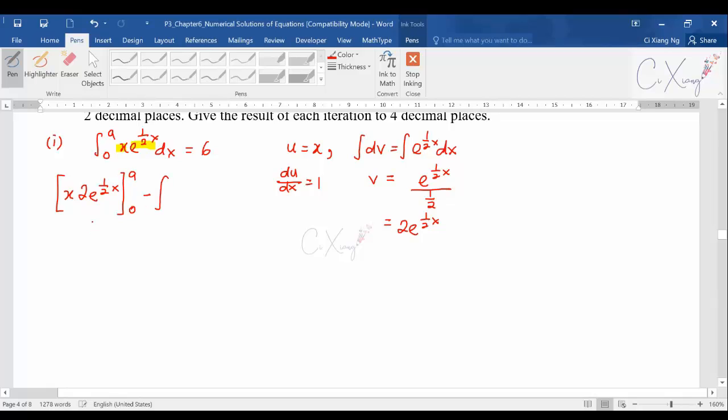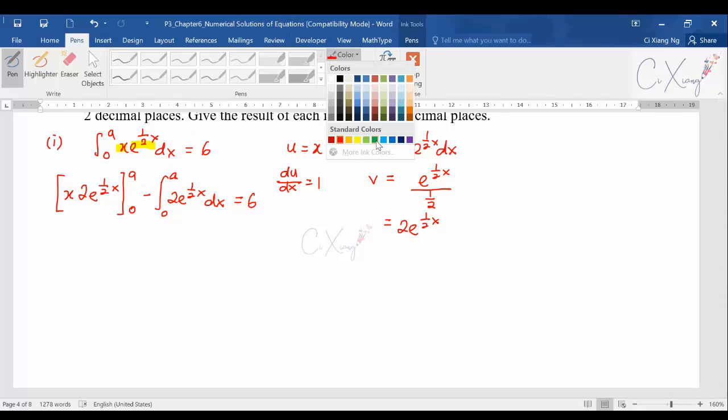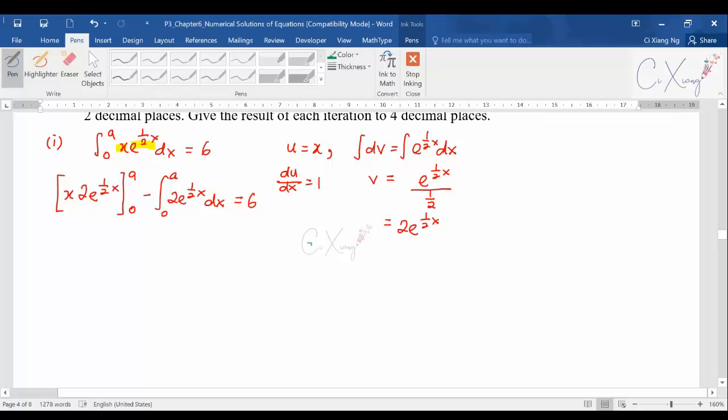Minus, so uv minus the integral of v du. So v is 2e^(1/2 x), and du is dx. And you let it equal 6, and you still continue with the same limit. Of course, all the details and formulas here are related to integration by parts.